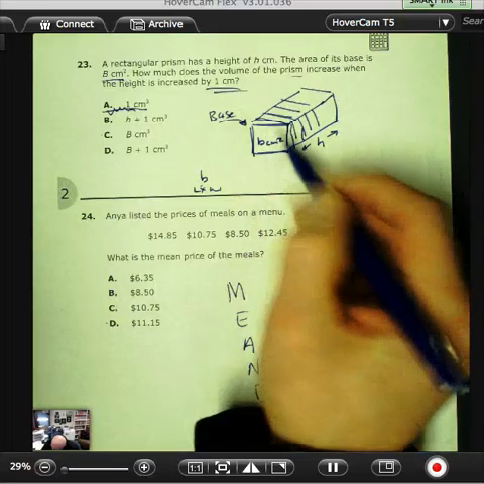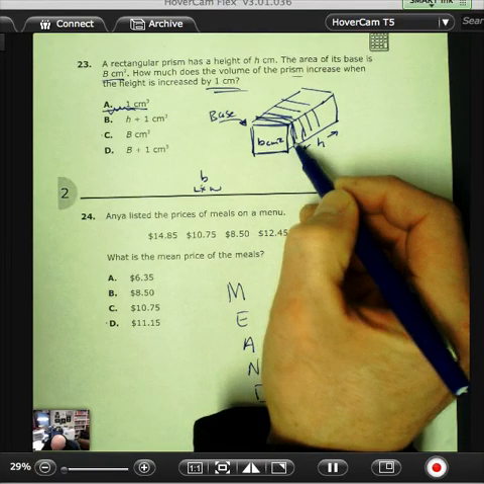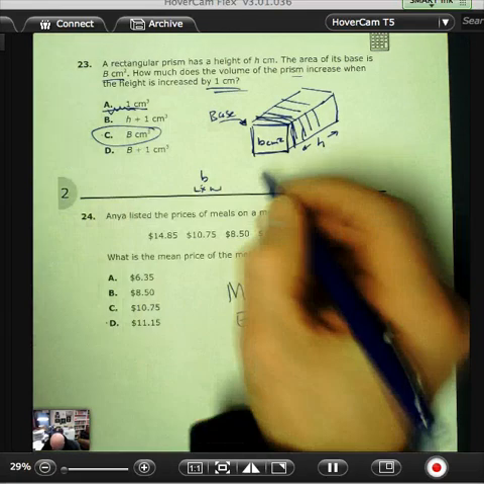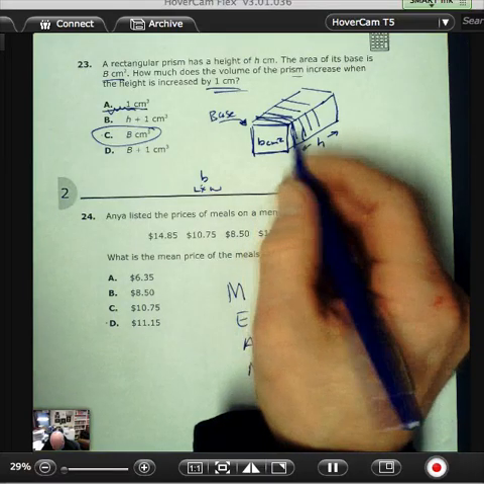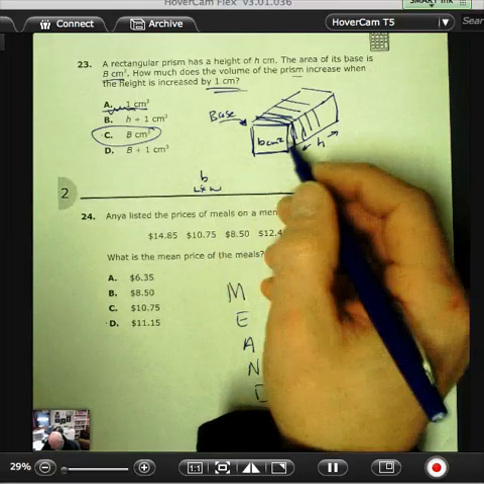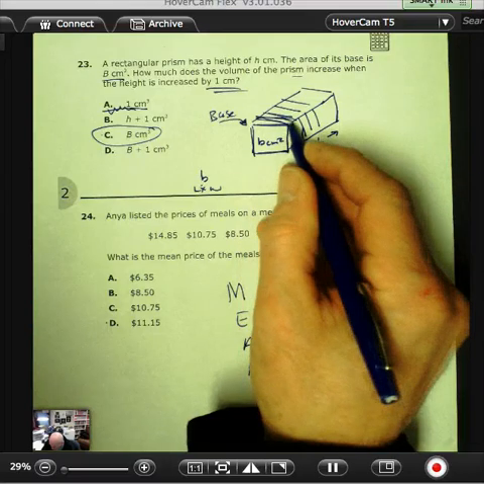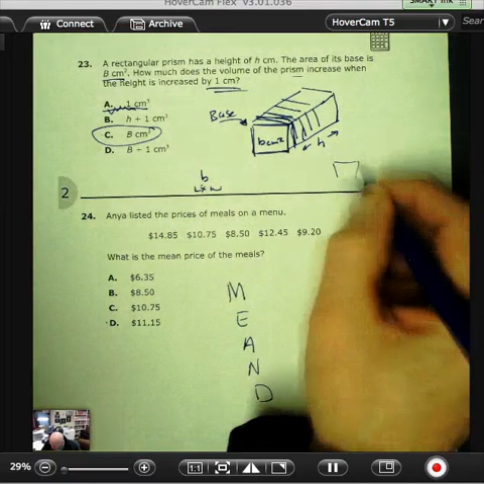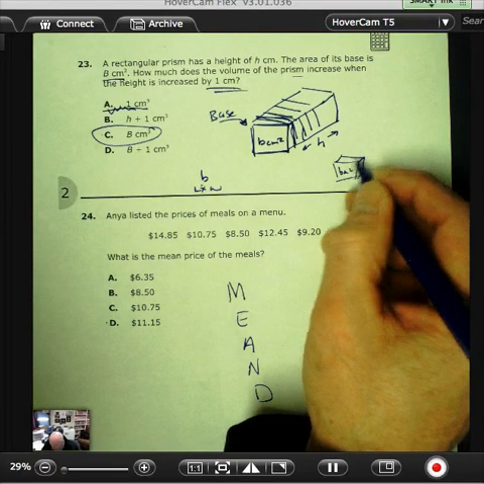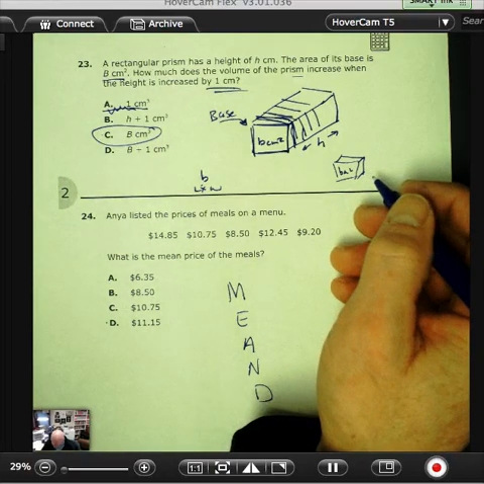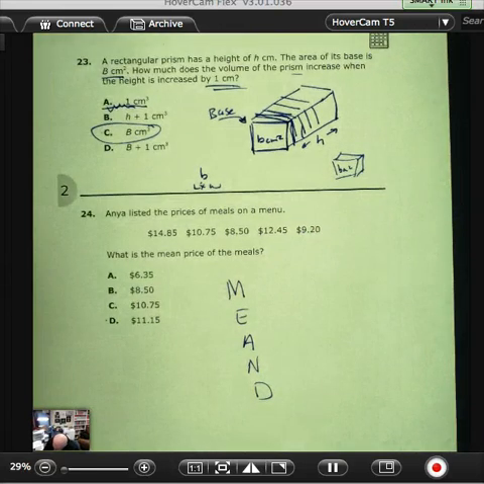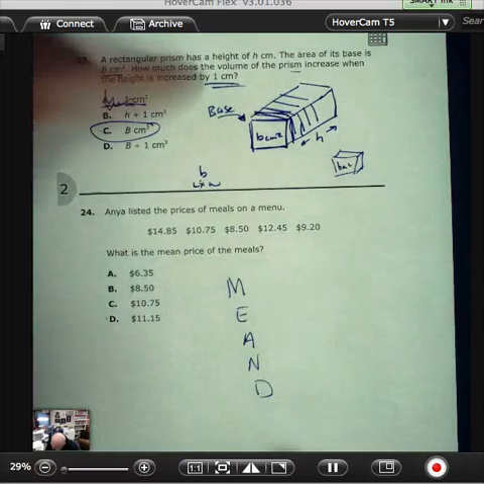So when you take the base and multiply it by 1 centimeter, in other words, it's one layer, this is the correct answer, because it's going to be whatever the base is times centimeters cubed. So if the base happened to be 6, it would be 6 centimeters cubed, because you're going up by a unit of just 1 here. It'll be your base centimeters squared, and then you're just adding that third dimension of 1 centimeter. It's kind of a conceptually difficult thing. Maybe you want to talk that one through with your parents. Sorry I messed this up by circling the wrong 1 centimeter.